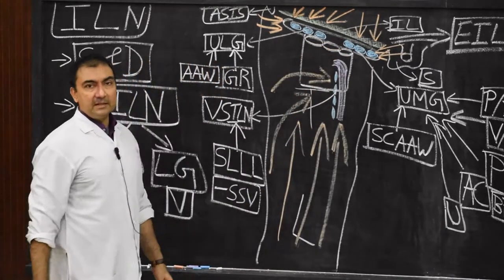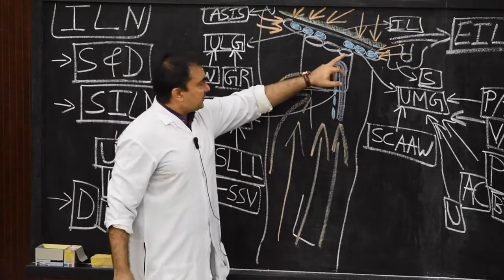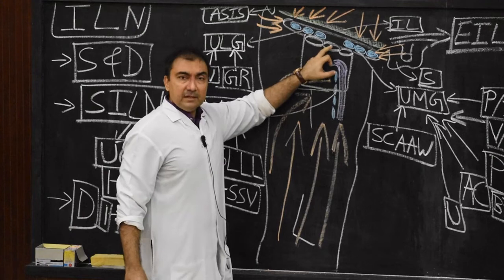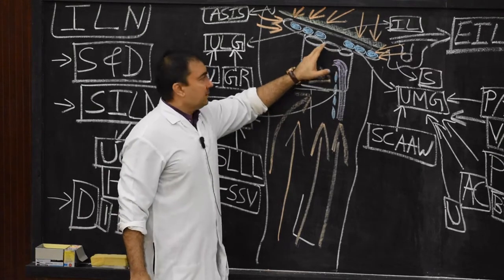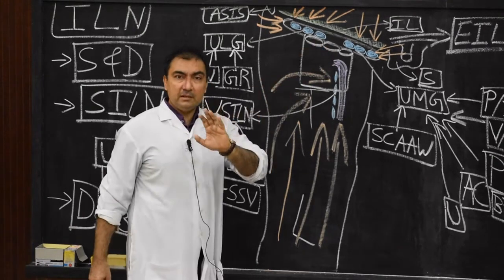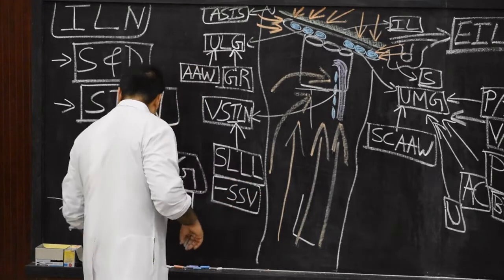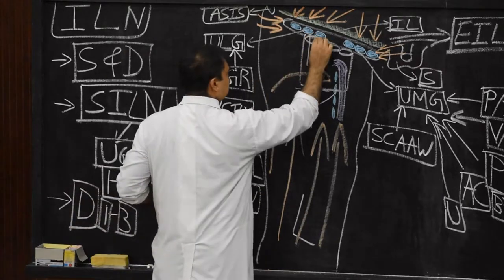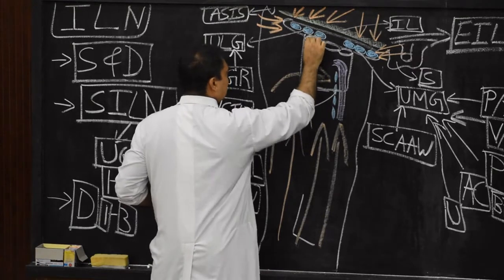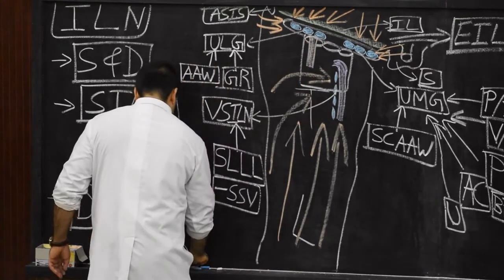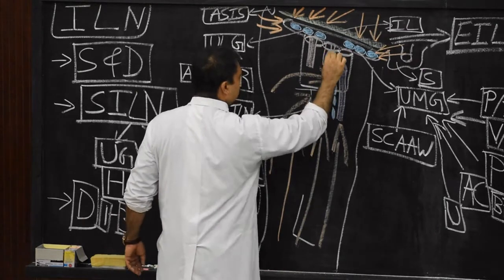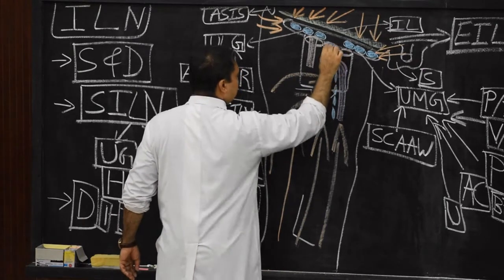The medialmost compartment is the femoral canal. Intermediate will be, of course, the femoral vein, and lateral will be the femoral artery. So here, in the lateralmost, let me show the femoral artery. Then in the intermediate, I will show the femoral vein here.